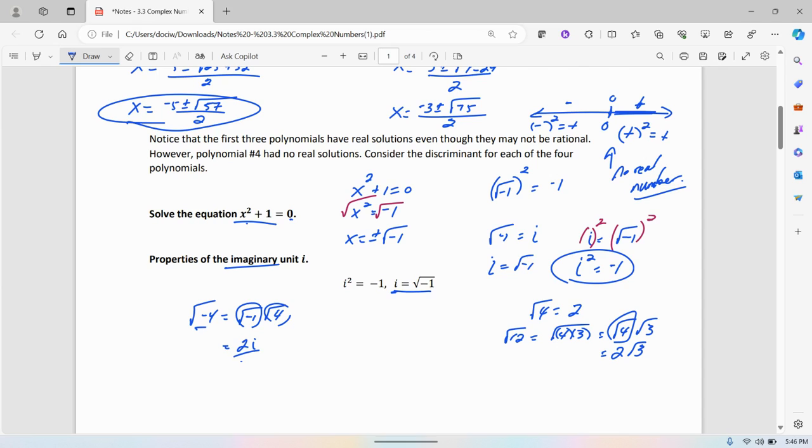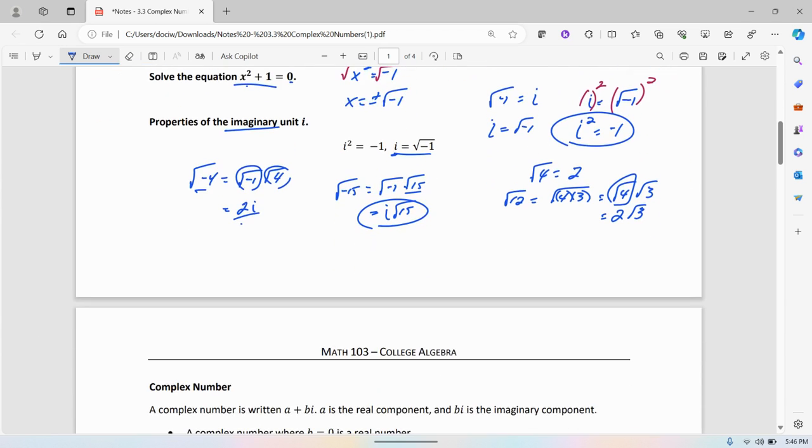If, like in number 4 above, I have the square root of -15, I split that into the square root of -1 times the square root of 15. The square root of -1, we just said, is i, and the square root of 15 is an ugly number, so we leave it. And so the square root of -15 is i times the square root of 15. So we step into this world of what we call imaginary numbers.